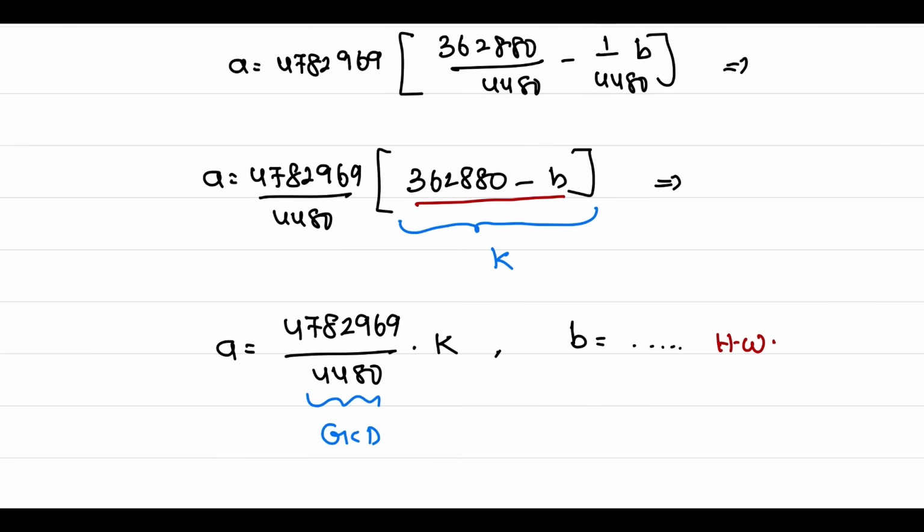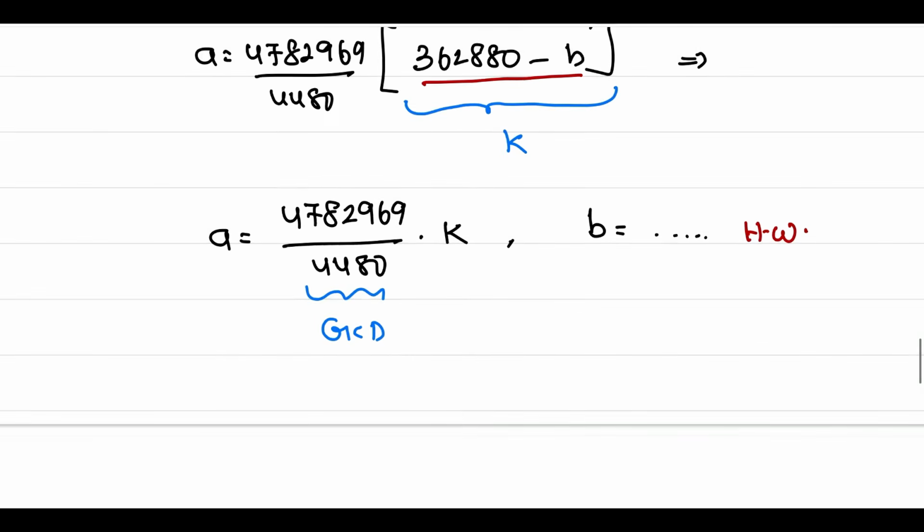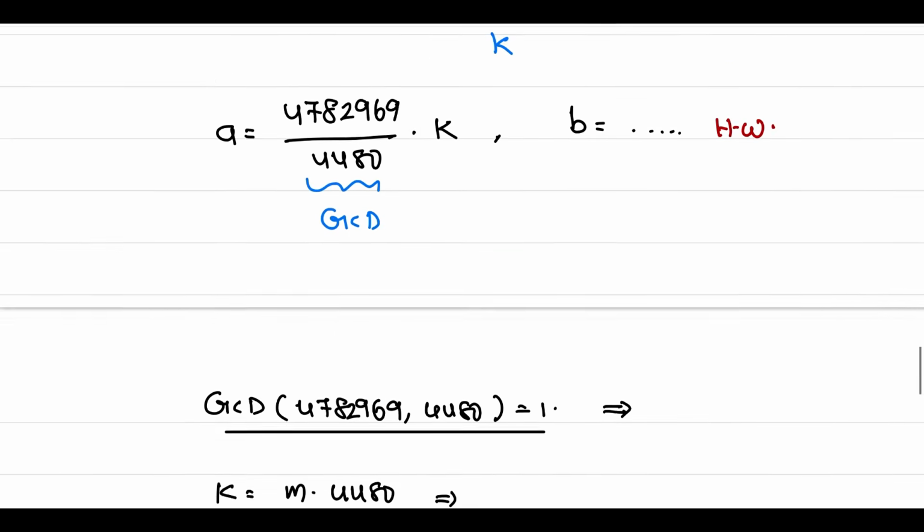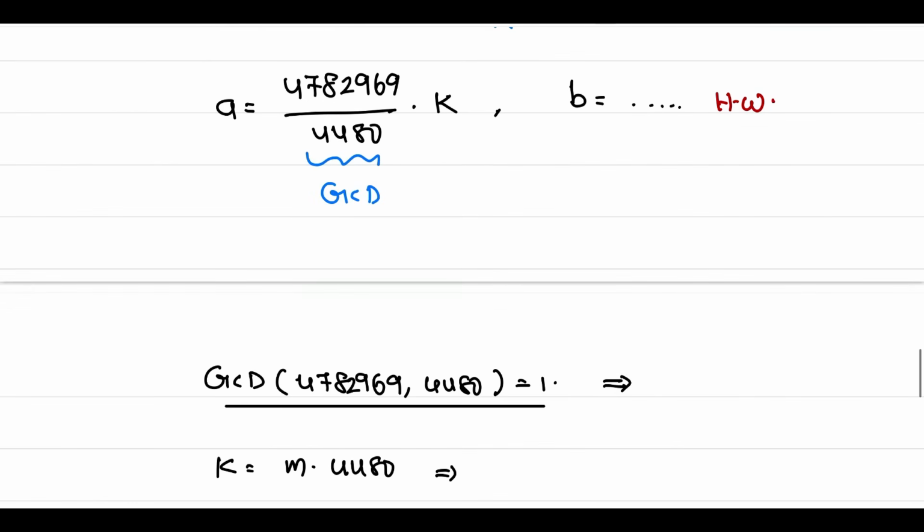Because it should be an integer and should be greater than 0, then k should be a multiple of 4480. Because 4782969 cannot be divided by 4480. Hence, because the GCD of 4782969 and 4480 is 1, k is equal to some m into 4480.